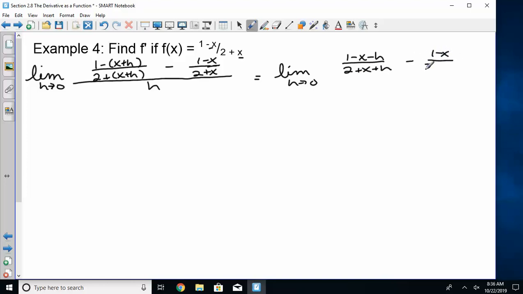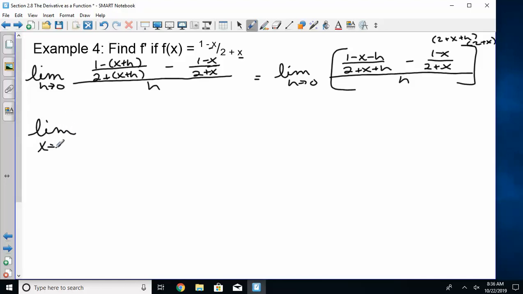What did you do to clean this up? Right. So take top and bottom times both the 2 plus x plus h and the 2 plus x. So if we do that, then on the first, the 2 plus x plus h cancels, so you have 1 minus x minus h times 2 plus x.